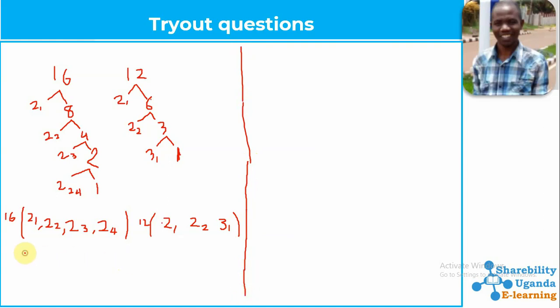Okay, so now let's look at how we find the LCM. We said for us to be able to find the LCM, our LCM here is going to be equal to the prime factors of 16 union the prime factors of 12. So here we can even list the prime factors of 16 union 12.